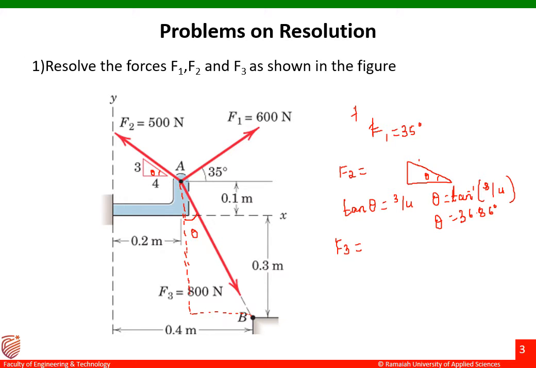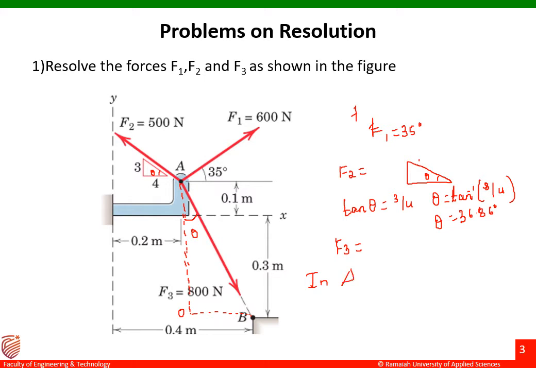We have to find the angle made by the force at B with respect to any reference axis. We know the formula if the angle is made with respect to the vertical axis, and if it is made with respect to the horizontal axis. We have discussed it in the previous session.